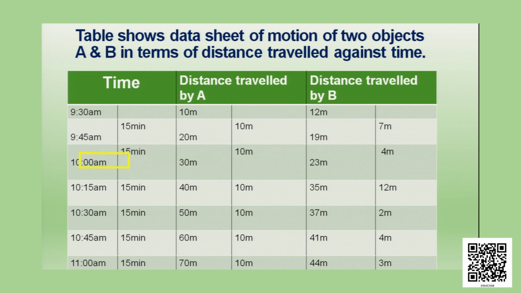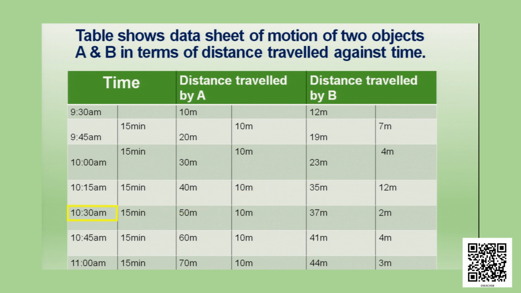Then at time 10 am, distance travelled by object A is 30 meter and distance travelled by object B is 23 meter. Then at time 10:15 am, distance travelled by object A is 40 meter and distance travelled by object B is 35 meter.